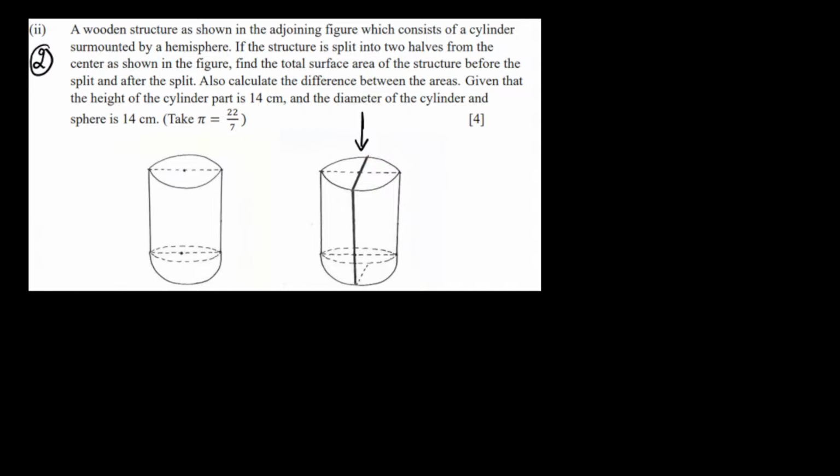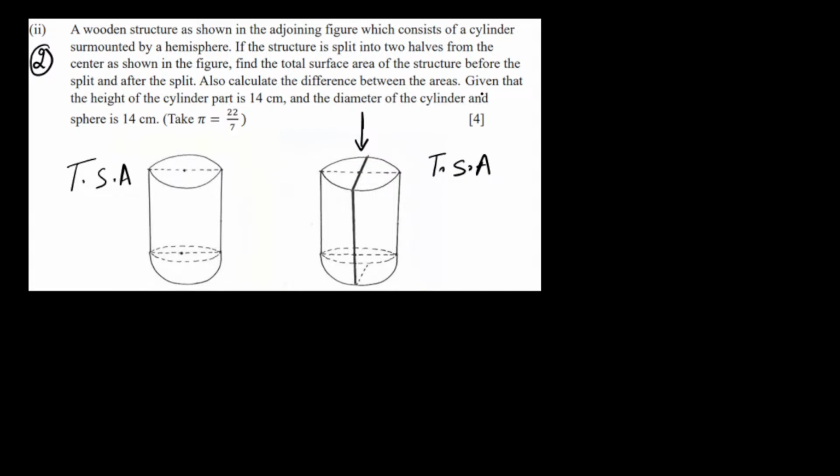So, the total surface area we have to find of this one as well as of this one, in both cases, before and after the split. Also calculate the difference between the areas. Whatever total surface areas we get, we have to find their difference as well.